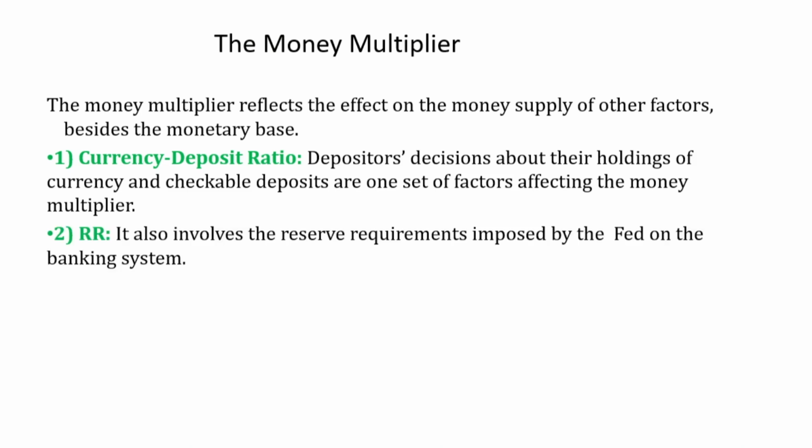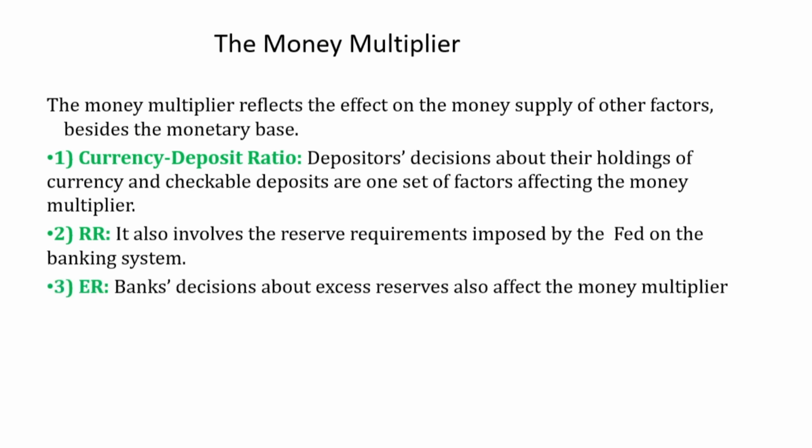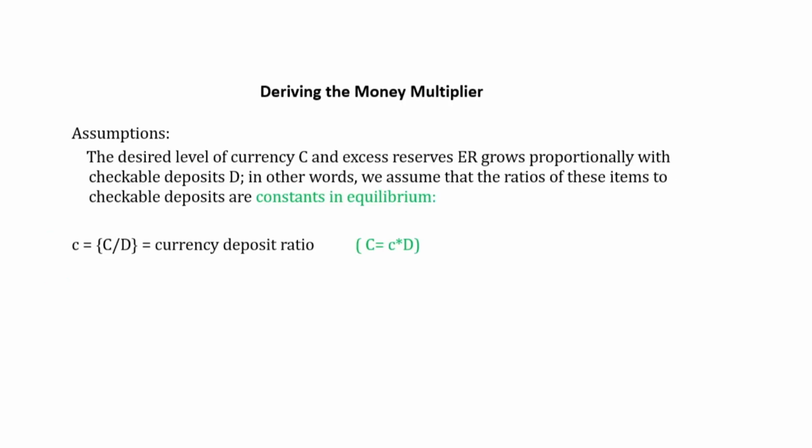Second is the required reserve requirement imposed by the Fed or the RBI on the banking system. If it changes the required reserve, we are going to see how it affects the money multiplier. Then the excess reserve: the bank's decision about excess reserves also affects the money multiplier.